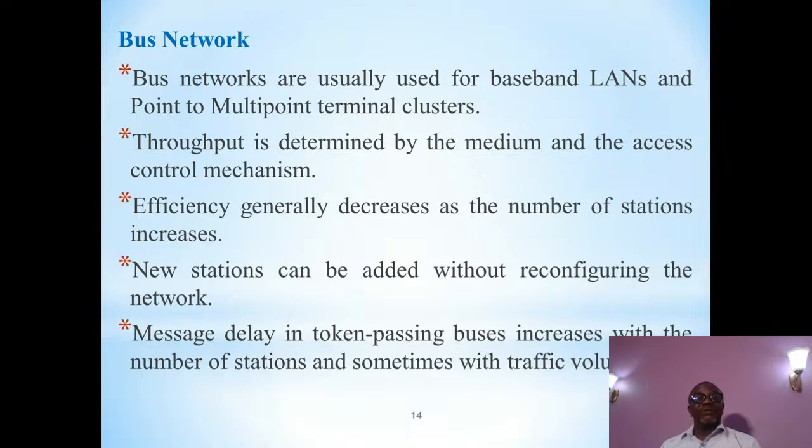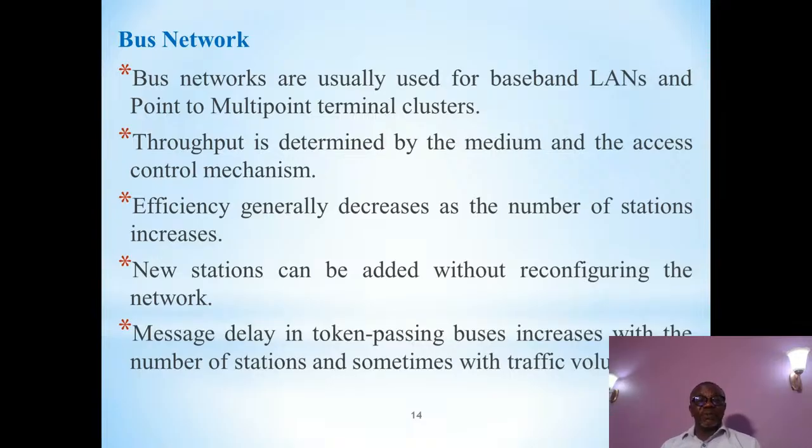We also have the bus network topology. These bus networks are usually used for baseband local area networks and point to multi-point terminals. Throughput is determined by the medium and the access control mechanisms. Efficiency generally decreases as the number of stations increases. New stations can be added without reconfiguring the network.